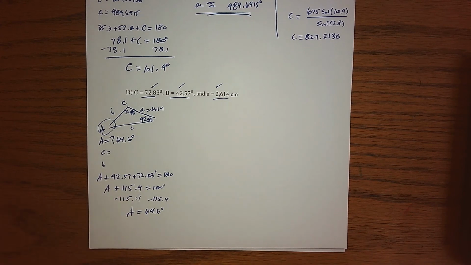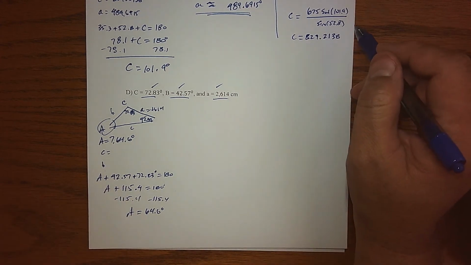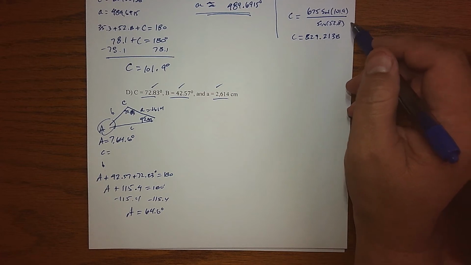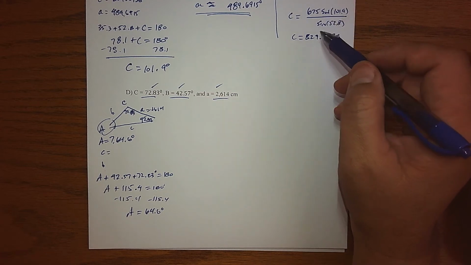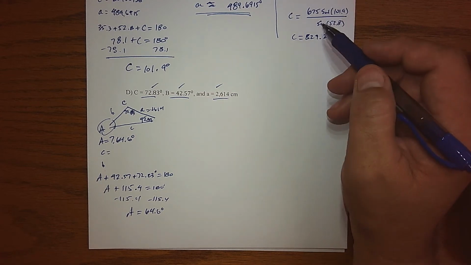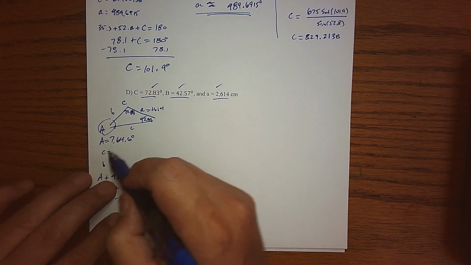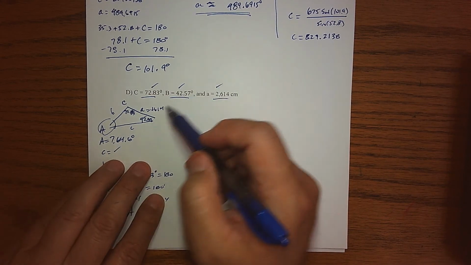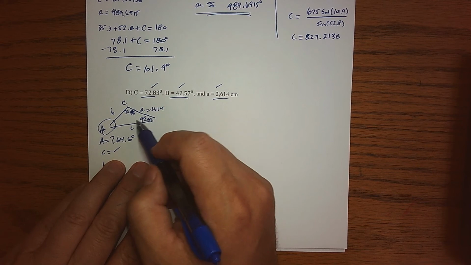So it's not an obtuse triangle, which is okay, that happens, right? All our angles are less than 90. So there's our angle A. To find our side C, again, perhaps we use what's given, right?